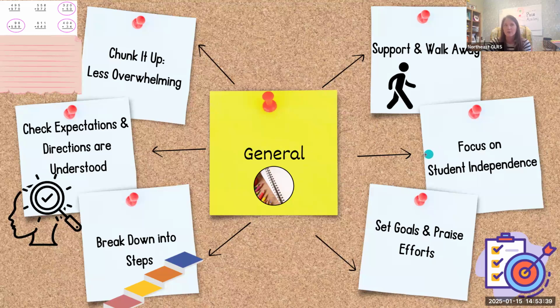So we want to make sure that we are giving them instruction, we're giving them support, and then we are walking away. We're building that stamina within our students with everything that we do, with instruction, with setting expectations, with recognizing those efforts, with giving them positive behavior supports. We are focusing on student independence.